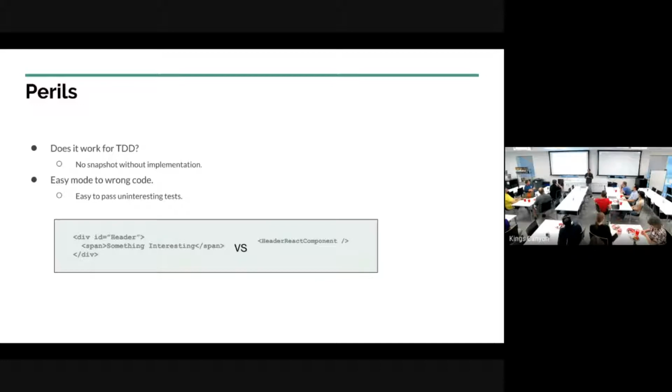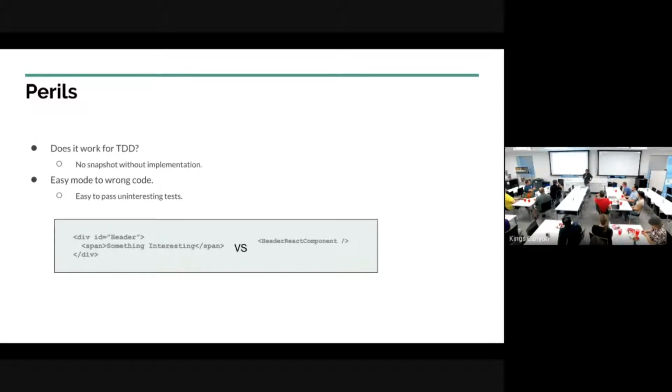So snapshots don't exist without implementation. So it doesn't really fit that TDD model. With snapshots, you write your implementation first, take a snapshot, and then go on with your next feature.